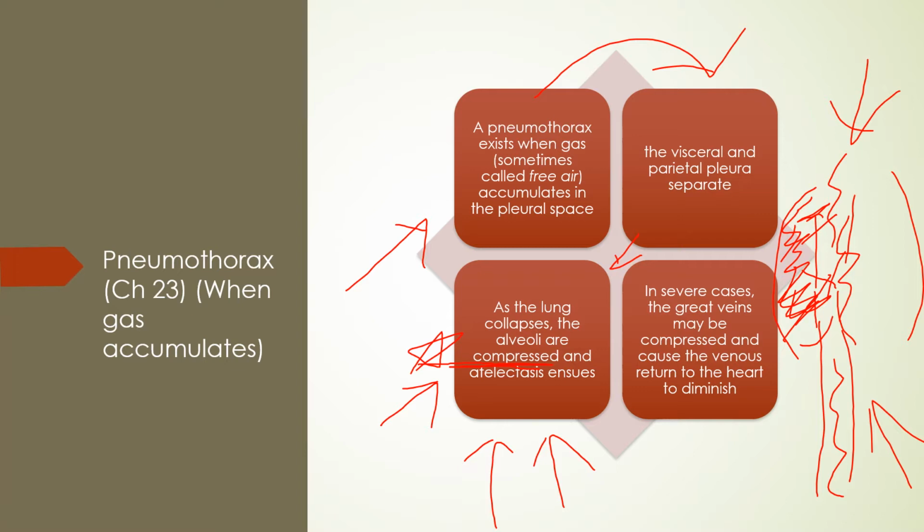Now understand, a tension pneumothorax can happen either from a hole in the visceral pleura or the parietal pleura. Remember, this can be as a result of a stabbing, or this can be a result of just a spontaneous hole in the lung that occurs with too big of a breath, right? Or a cough, or something that back pressures the lungs.